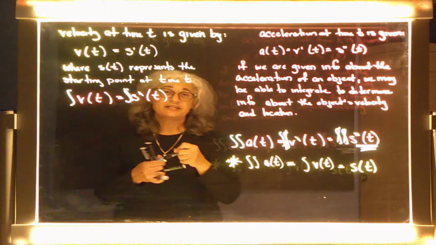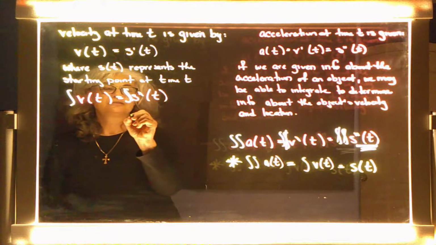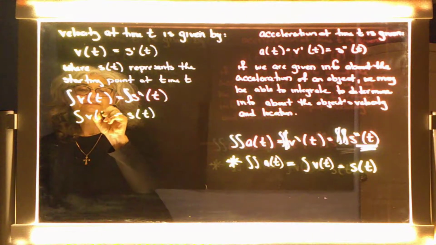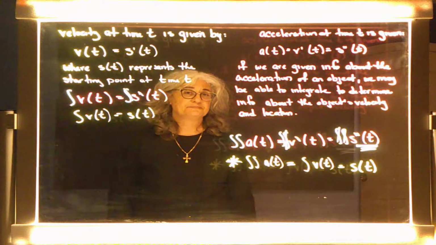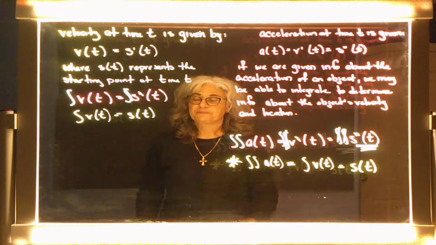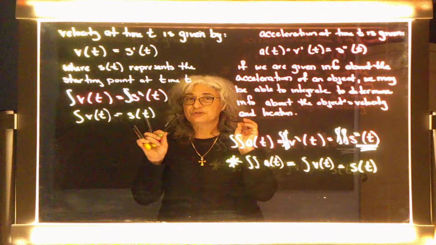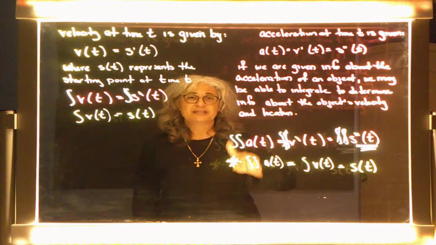Which means I still have to take the integral of v of t. So here's another way to look at this, which is what we have over here. It's the same thing. Okay? All right. So if you need to rewind this part so you can understand it a little bit better. Okay? This is truly key.